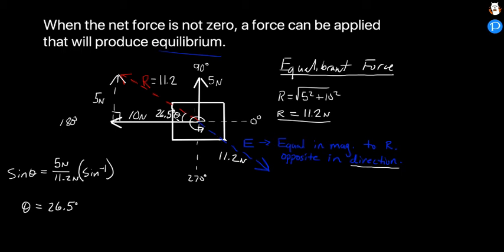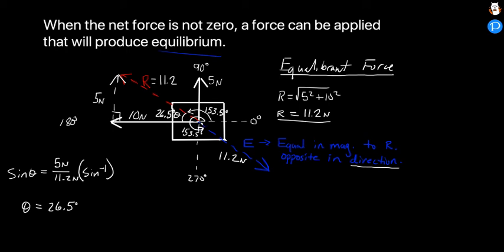Well, this is 26.5 degrees. That means this distance from here to here would be 180 minus 26.5. Punching that in, that means this is 153.5 degrees, which means this distance from 180 to my equilibrium force here is also 153.5 degrees. And so all I have to do is add that all together: 153.5 plus 26.5 plus another 153.5.